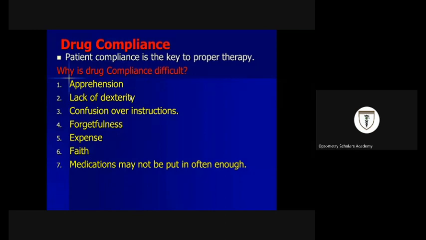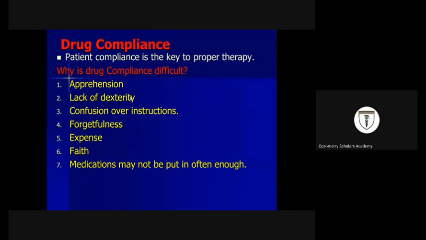This patient will forget. Most of the patients will forget. They apply the first 1 hour, apply the second 1 hour, and when they remember again is in the night. So the number of times that you prescribe a drug can also affect compliance.